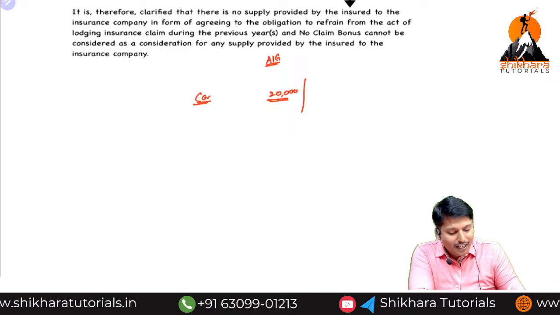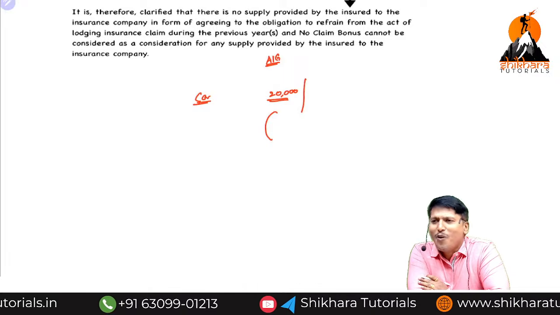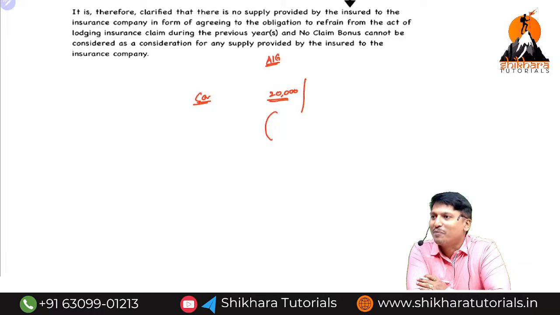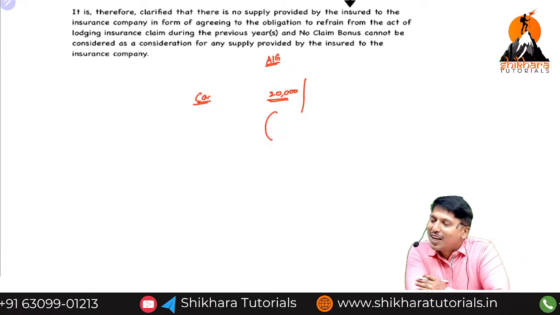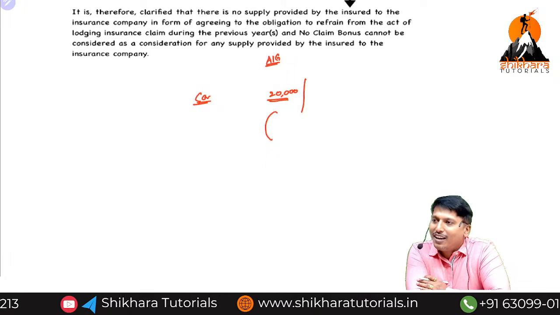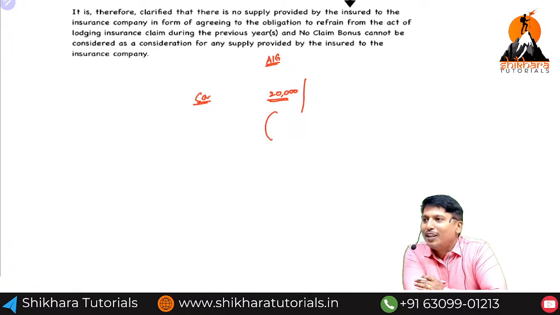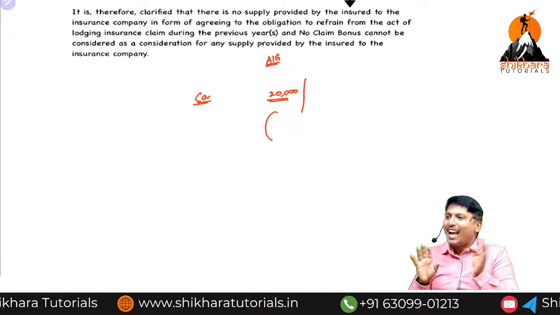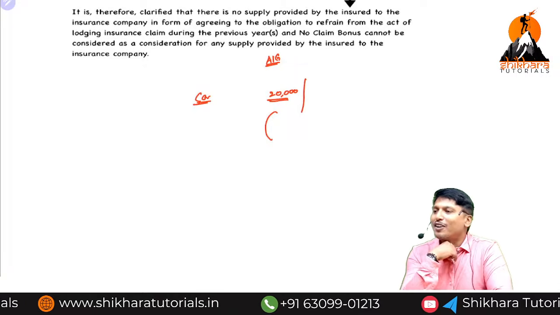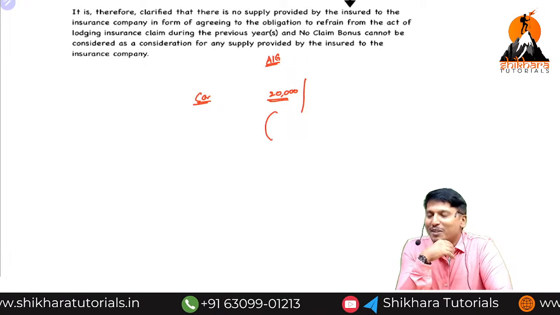But this year no accident has taken place. Who enjoyed the benefit? Insurance company. If I met with an accident, who is required to pay for the repairs? Insurance company. If I had 3 accidents, I paid only 20,000 premium but the repair cost was 8 lakh rupees. Who suffered loss? Insurance company.